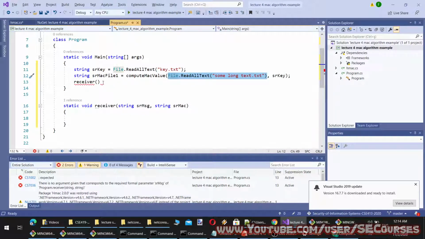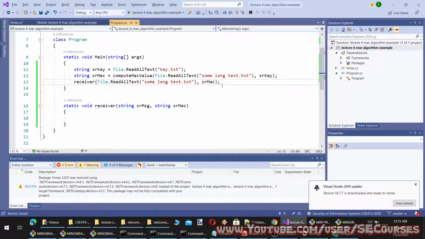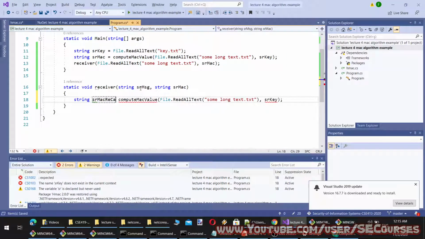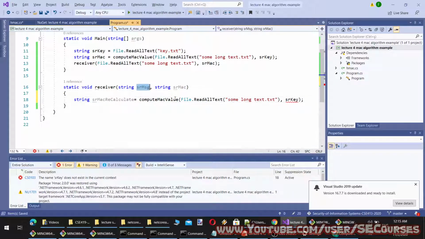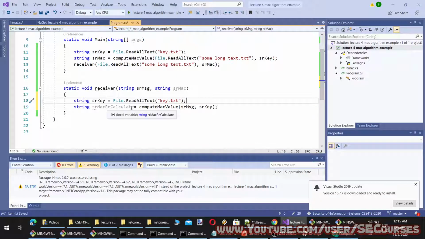I am going to send my message with the Mac. So what will this receiver do? The receiver will recalculate the Mac. How will it do that? This time it will take the message, and it will have the key itself.